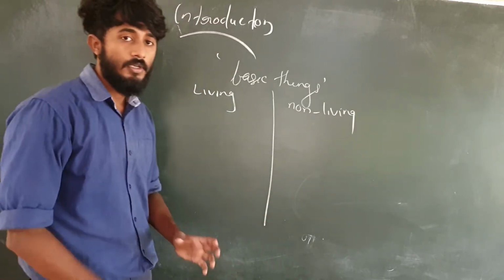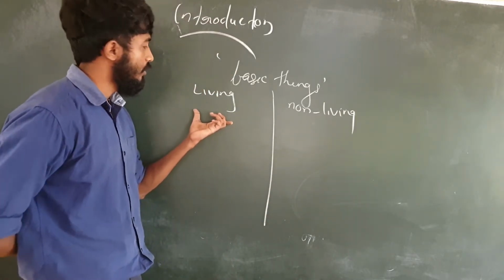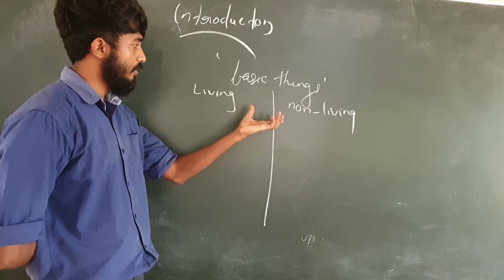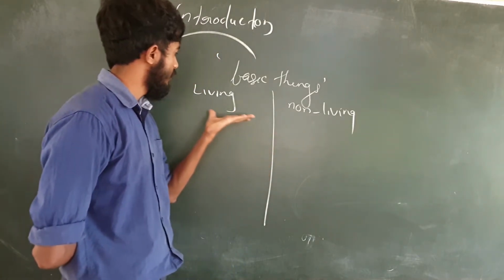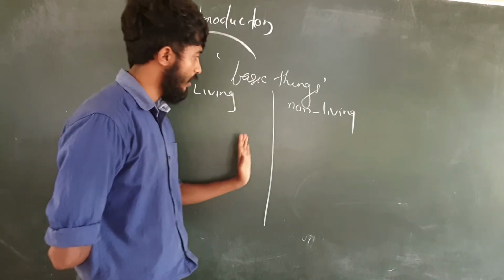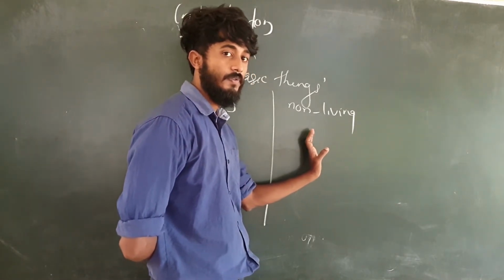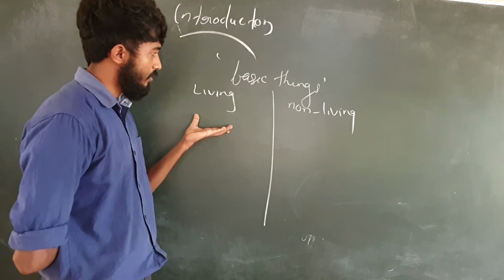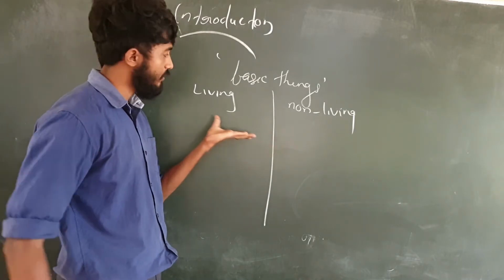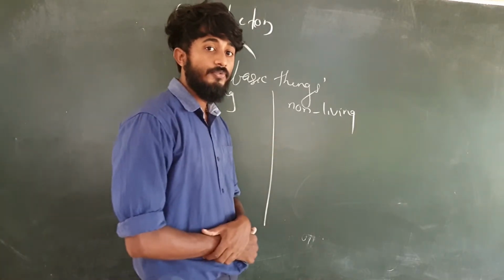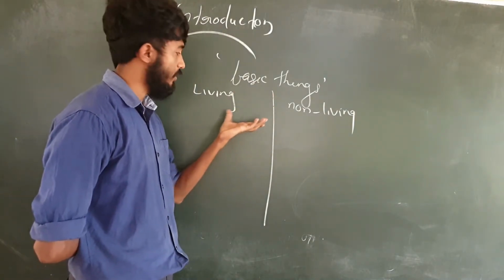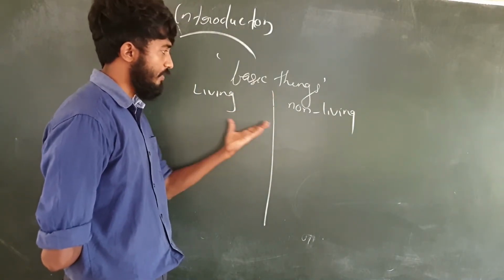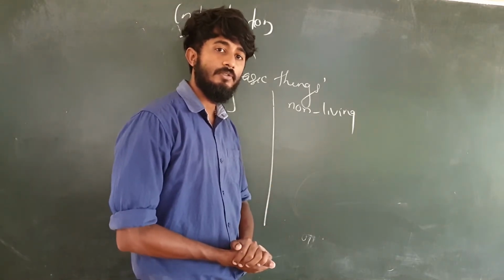We know that in our surroundings there are mainly 2 categories of things. One is living things and the other is non-living things. On what basis can we distinguish living things from non-living things? Do you know?